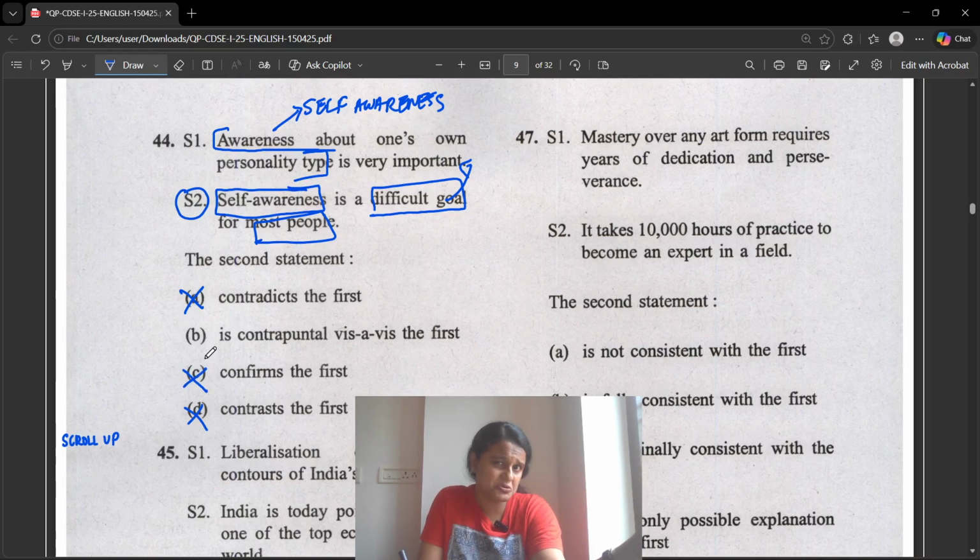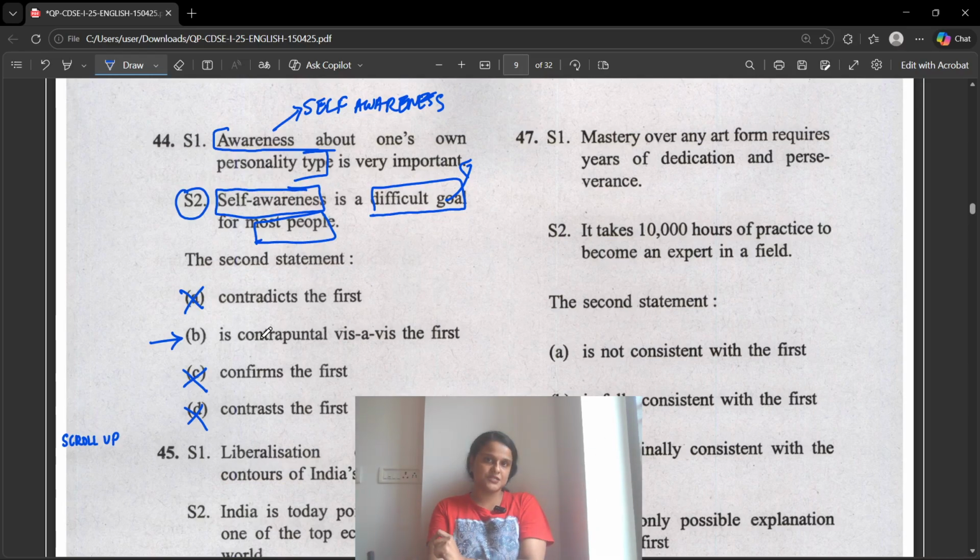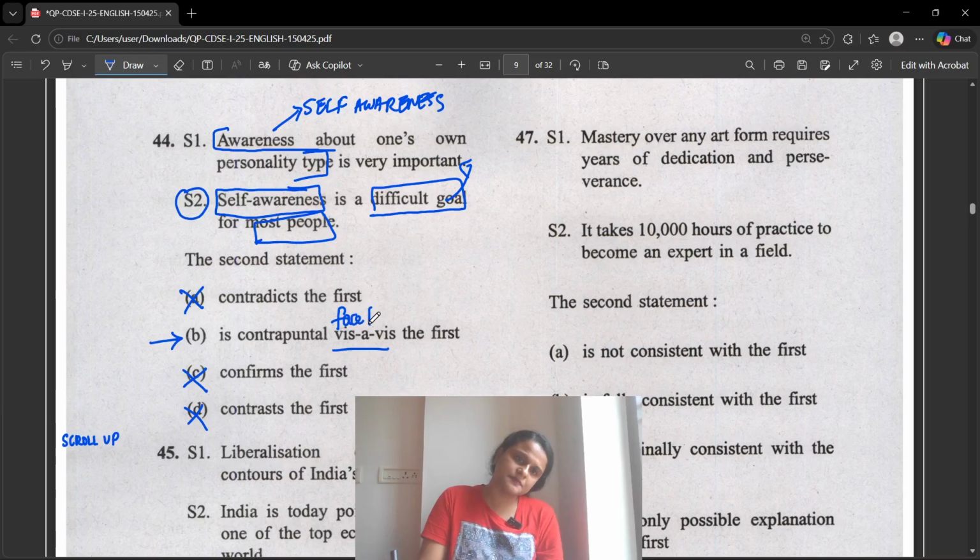Maybe you are not very sure why it can't be confirmed. But for that you should know what contrapuntal means, right? The question is contrapuntal vis-a-vis the first. Vis-a-vis means face to face, or with respect to. Let me write it like that, with respect to.